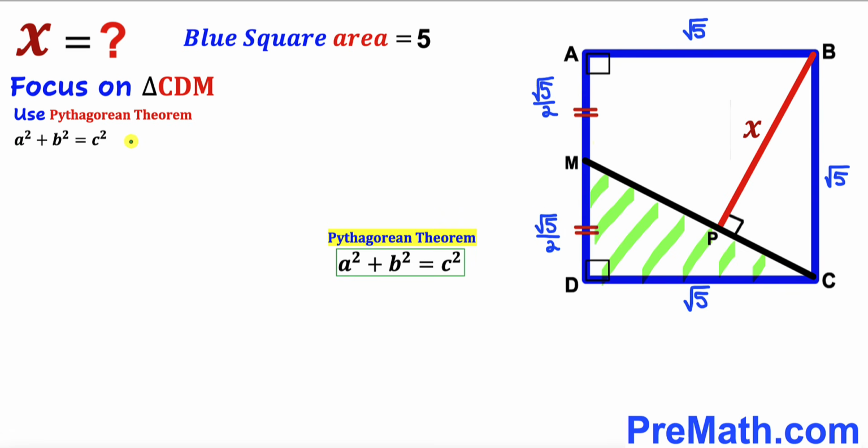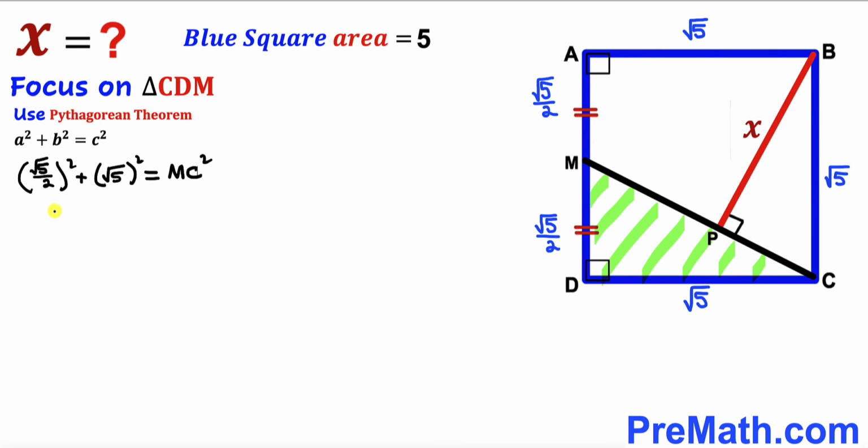Let's fill in the blanks: square root of 5 divided by 2, whole squared, plus square root of 5 whole squared, equals MC squared. Let's simplify. We get 5 divided by 4 plus 5 equals MC squared.